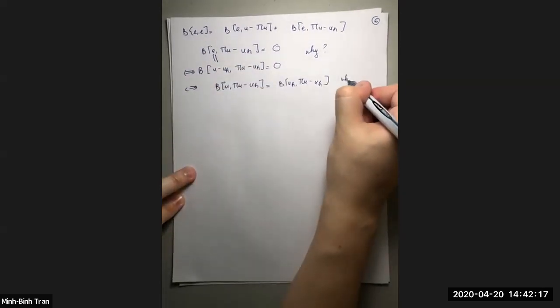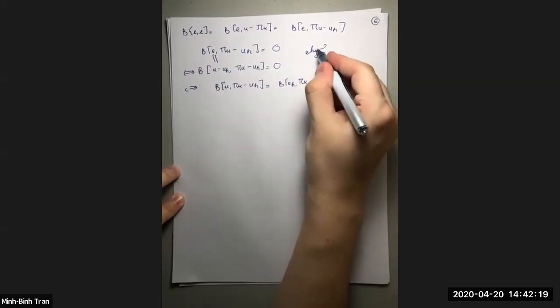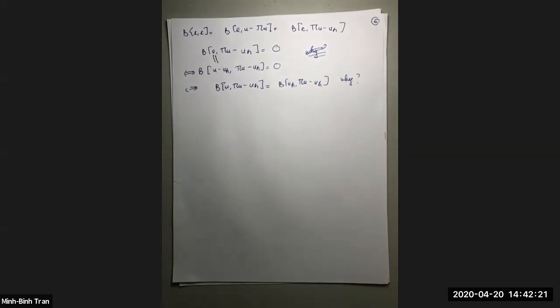So why is this true? I explain again. I'm going to split B of E, E into two terms, B of E, U minus pi U and B of E, pi U minus UH. I am saying that the second term is 0. Why is it?